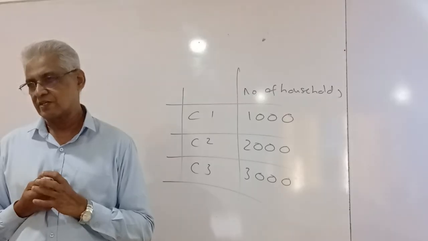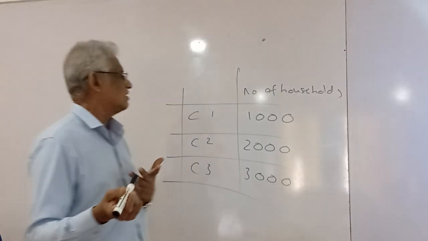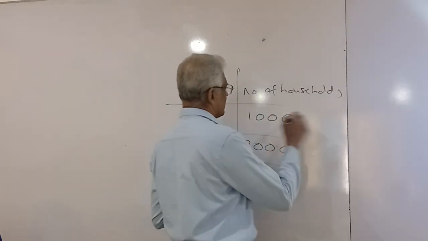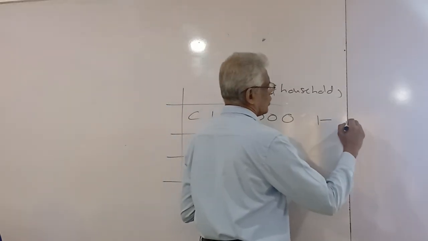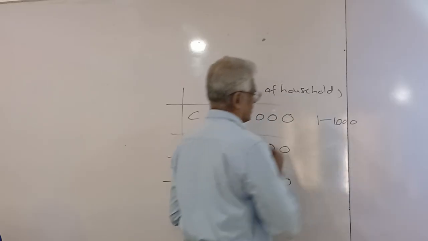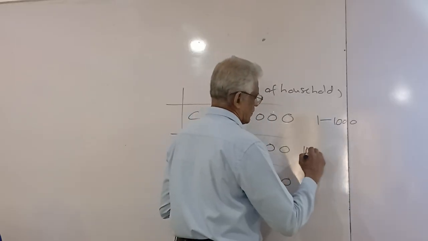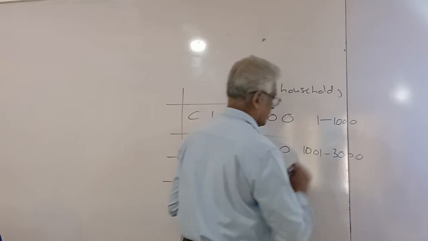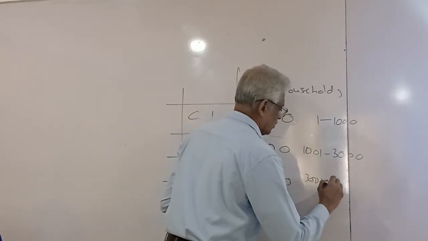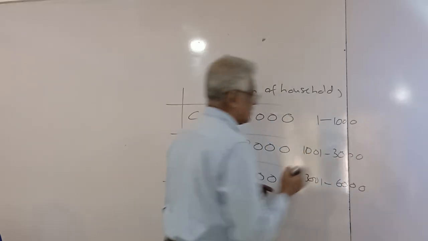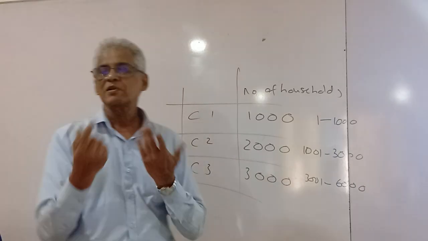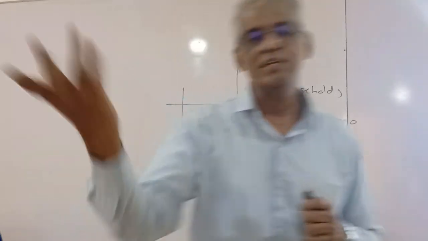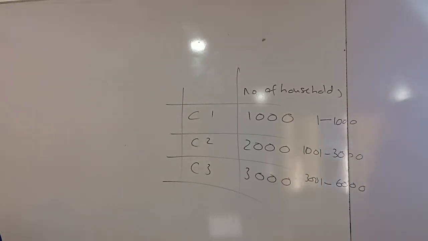One very easy thing we can do is assign numbers 1 to 1000 here, then 1001 to 3000 here, and then 3001 to 6000 here. And we randomly select one number from 1 to 6000 using a computer.